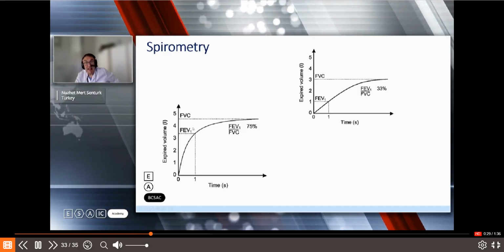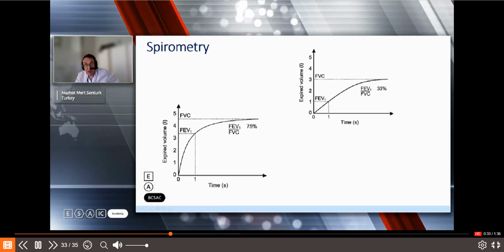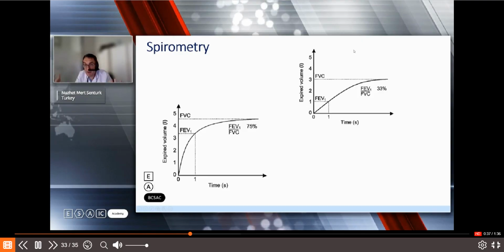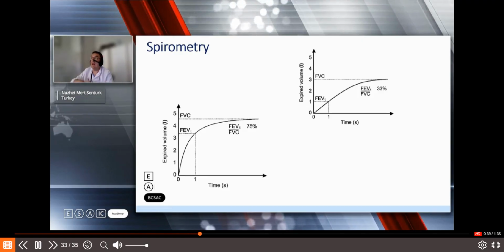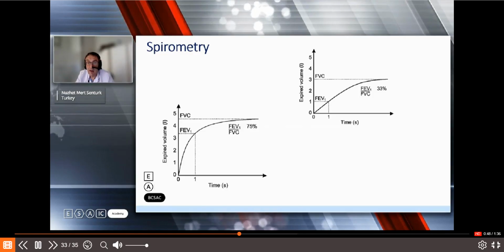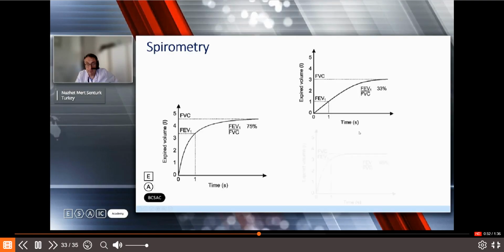If there is a decrease in this ratio, this would speak for an obstruction, because if I have some problem in the airway, the flow is lower, the resistance is higher, and therefore I need more time for the whole expiration.